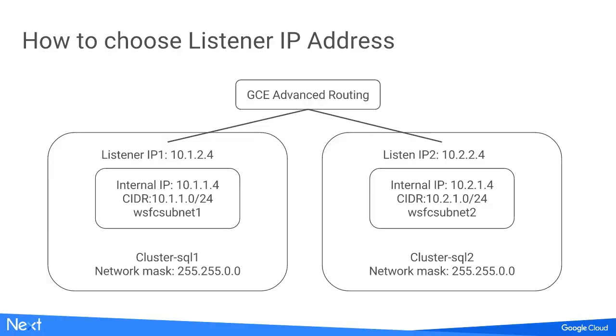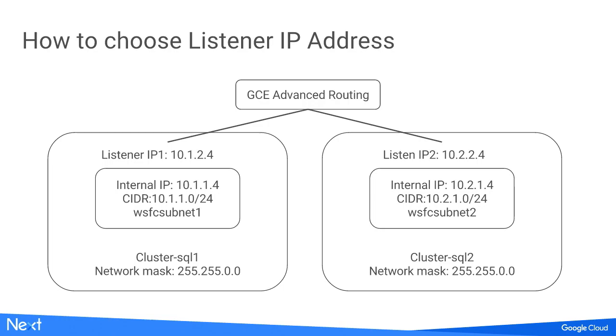So here's a typical network configuration we use. We have two subnetworks here, 10.1.1.0 and 10.2.1.0. They are both /24 networks. That's how you create your GCE custom subnetwork. On the VM side, you can see that for both VMs, the subnet mask is 255.255.0.0.